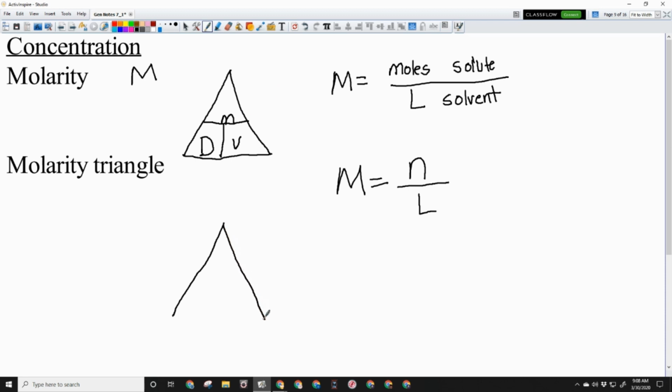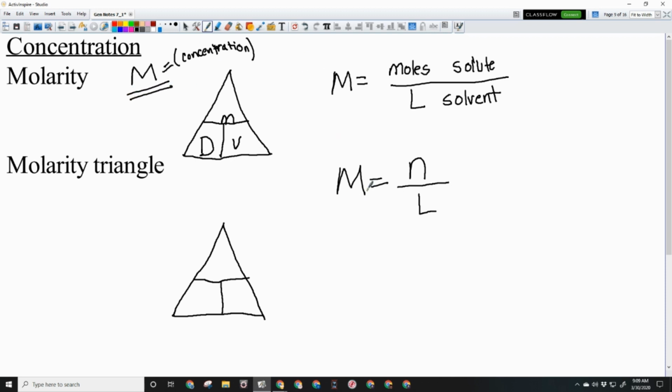Some of the questions on your homework are going to ask you about the formula for molarity. Like one question may say, what is the concentration. I wanted to write concentration there so that you know that molarity is concentration. When you hear the word concentration, it's asking for the molarity.